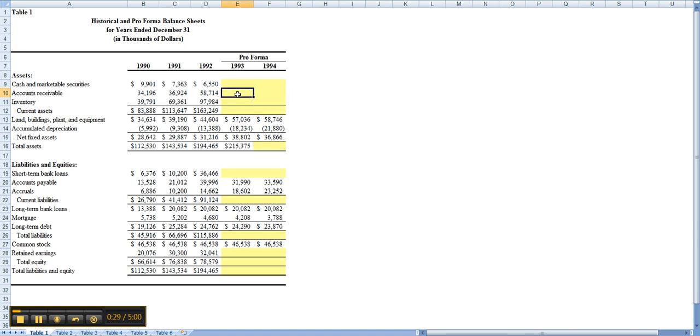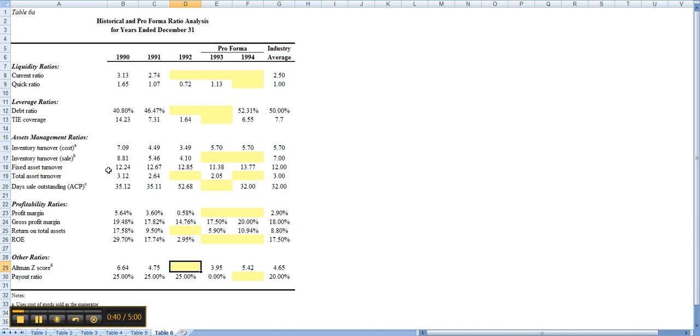So to do that, what you want to do is use a ratio to find accounts receivable. For instance, if you go to the days sales outstanding number, the case or one of the questions pretty much tells you what this number is going to be. So then based on that and the formula for days sales outstanding, you have everything you need except for the accounts receivable number.